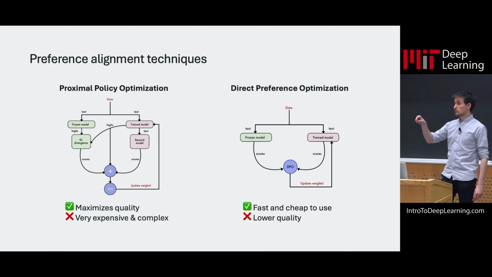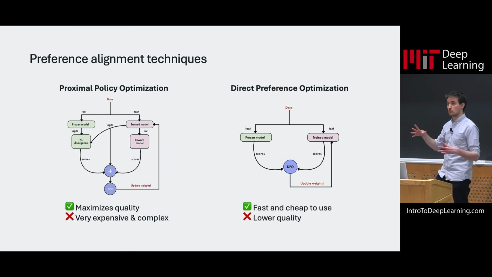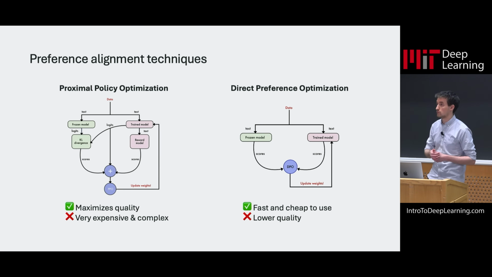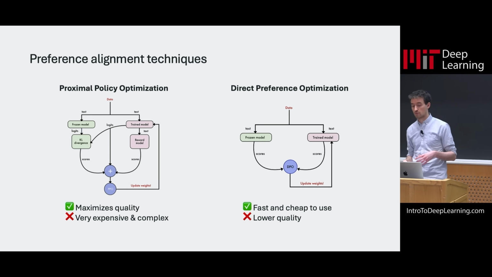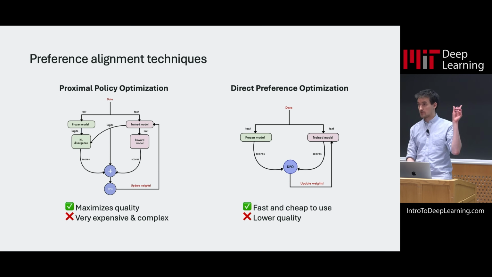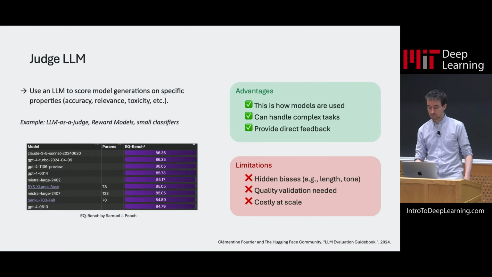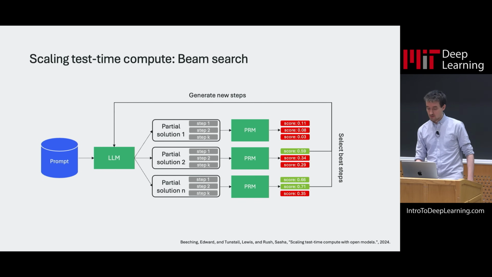So you can reuse the reward model that you've made for preference alignment in your test time compute scaling. This is a way of doing it. There are other ways. You can just use a judge LLM. You can just prompt a model to give a measure of the quality. But this is a nice way of reusing something that you've trained before. So thank you for this question.